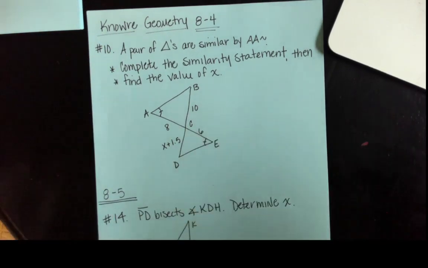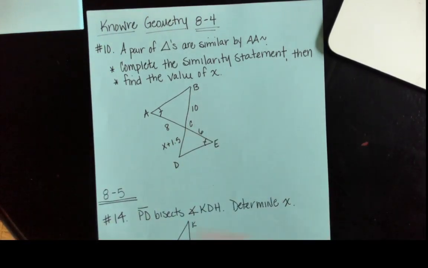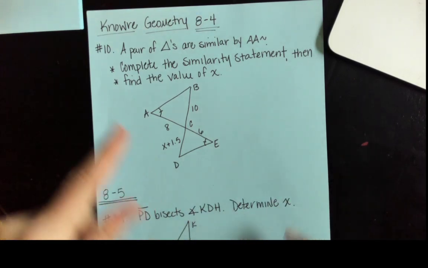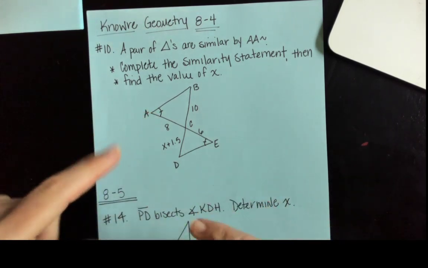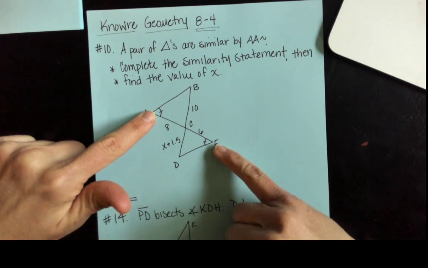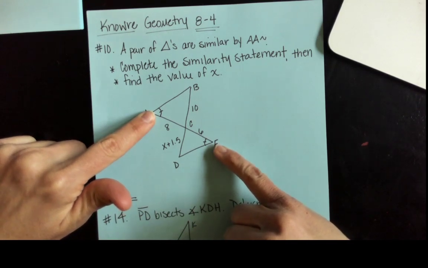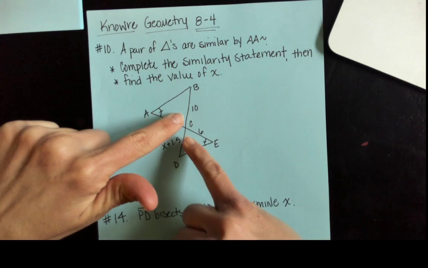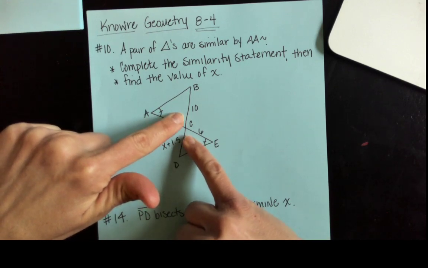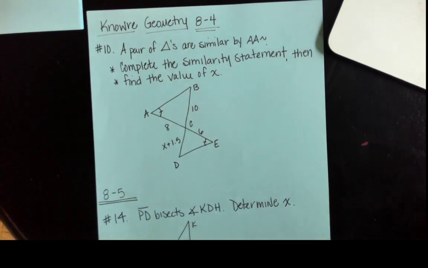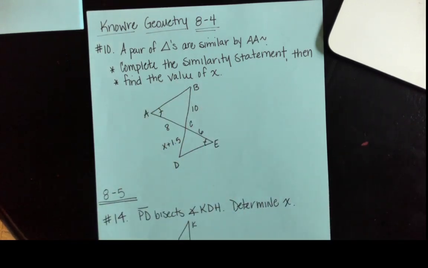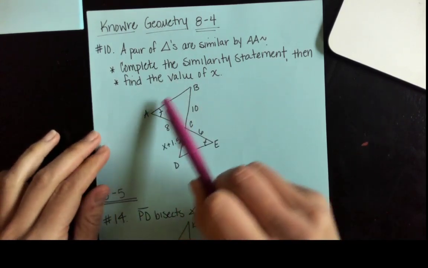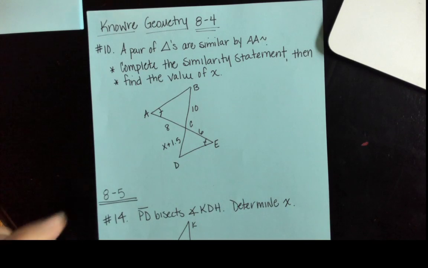Number 10, I had a question as to how to input it. Pay attention in questions like number 10 that they give you tick marks so that, with possibly other angles that we know, you are able to figure out how to match the triangles with their corresponding pieces.